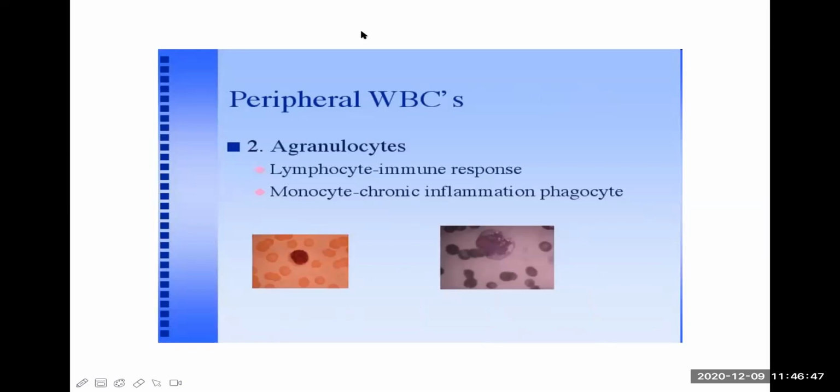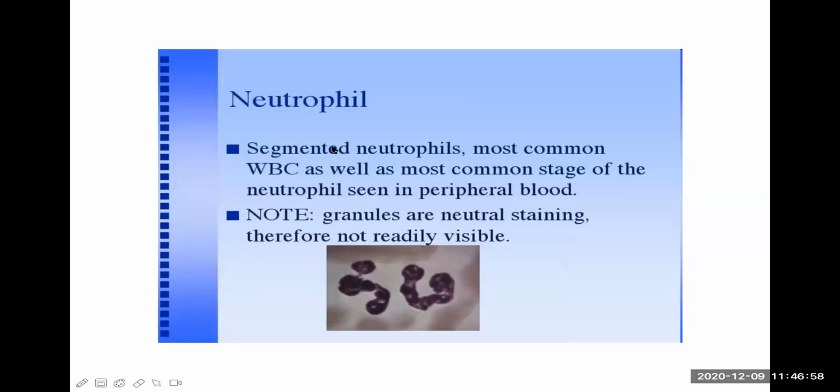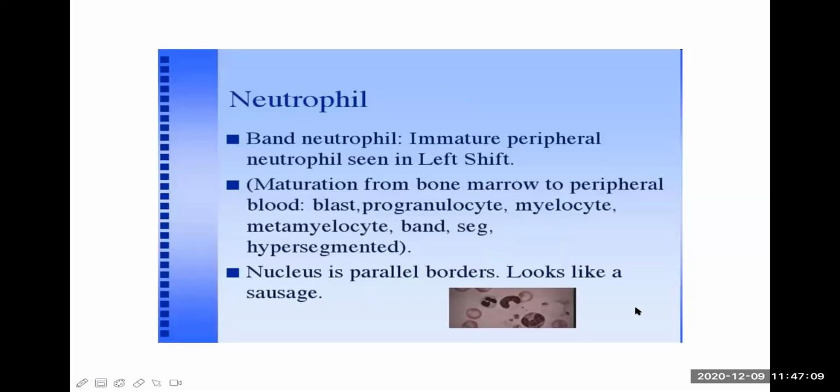Now, the second type of WBC are agranulocytes, which don't have any granules inside, and they are lymphocyte and monocyte. Now, segmented neutrophils are called mature ones, and they are the most common type of WBC present in peripheral blood. There's no doubt about it. Others are band neutrophils.